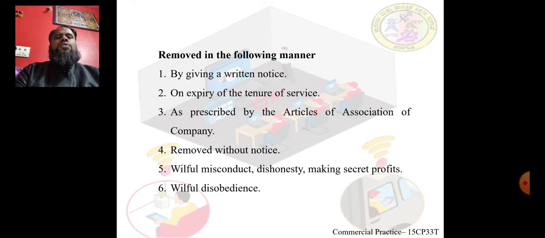In all these situations, a company secretary can be removed without giving a notice.